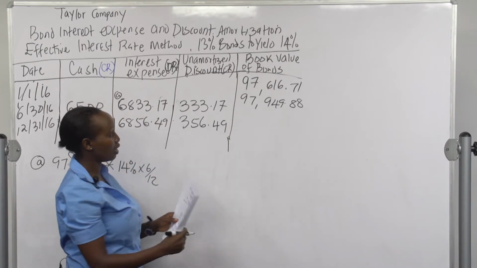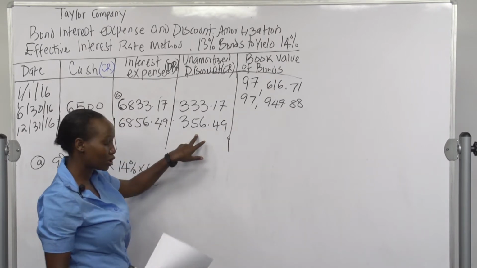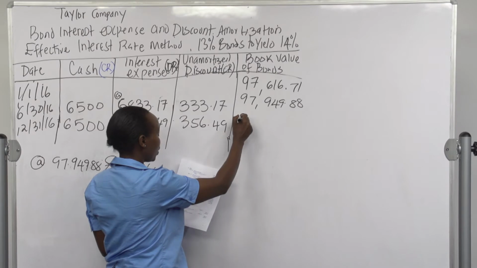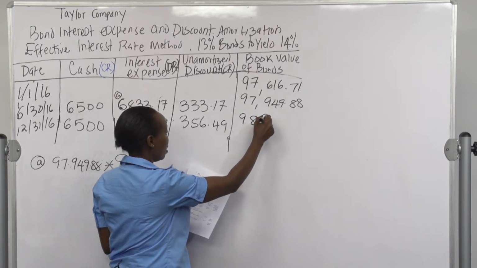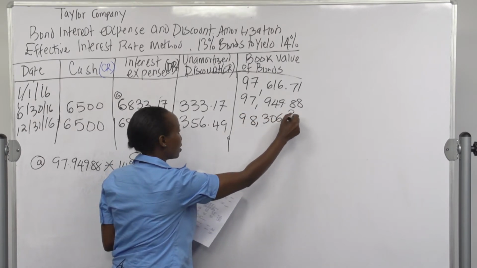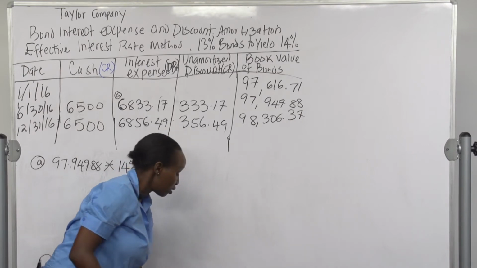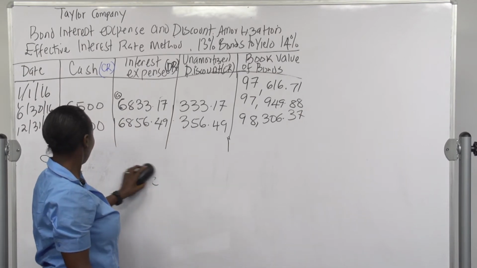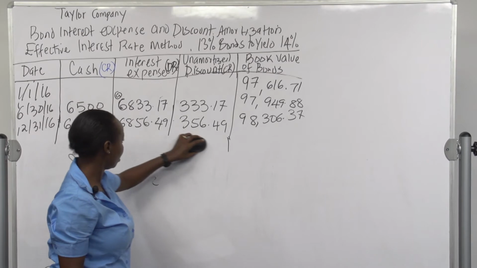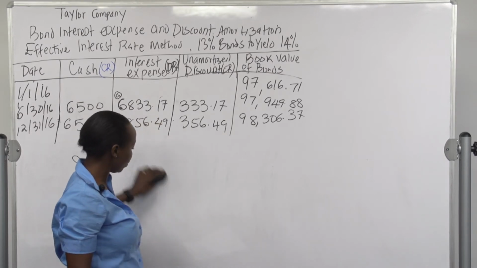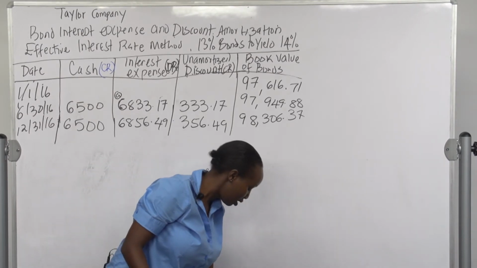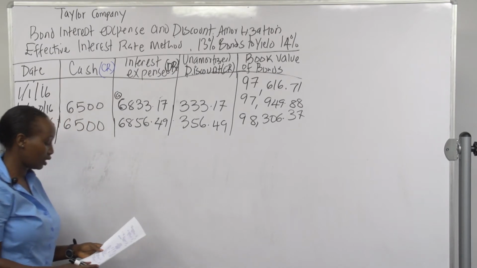We take the last carrying value and add the amortization, and now we're up to 98,306.37. With that complete, we just need the first two periods. We don't need the rest to address the questions we were given.